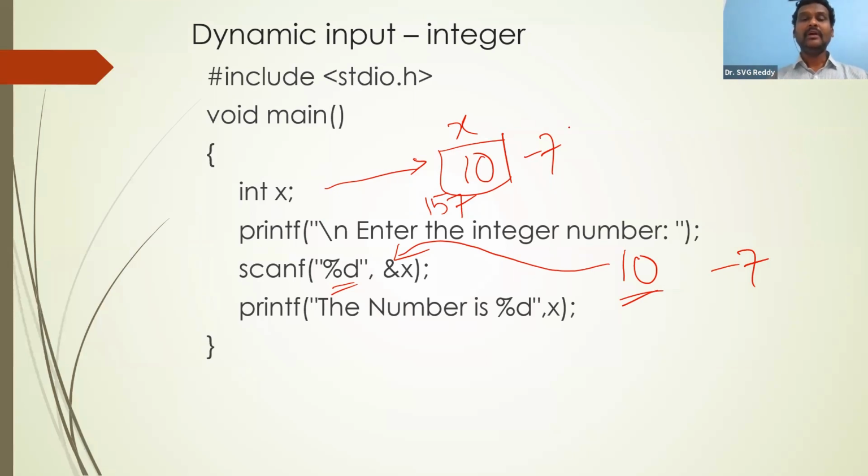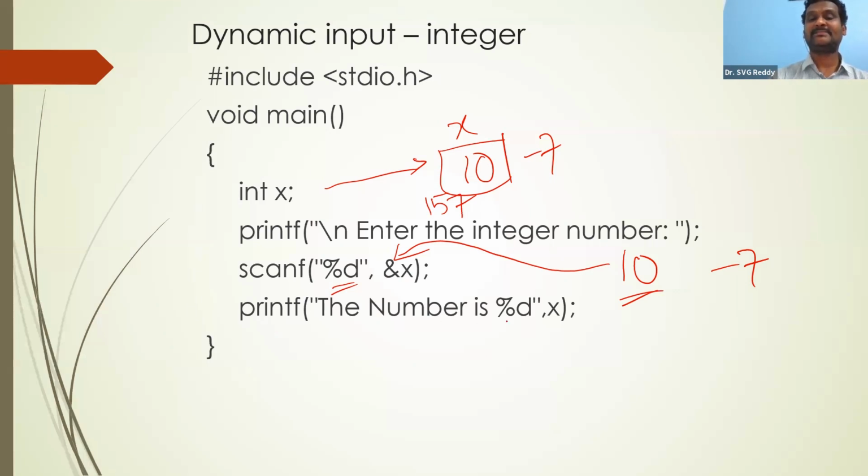Scanf takes the value from the end user, reads it dynamically, and assigns it to the address of x, and percentage d tells it is an integer variable, that's all. So x is having the value 10 now, or -7, whatever.